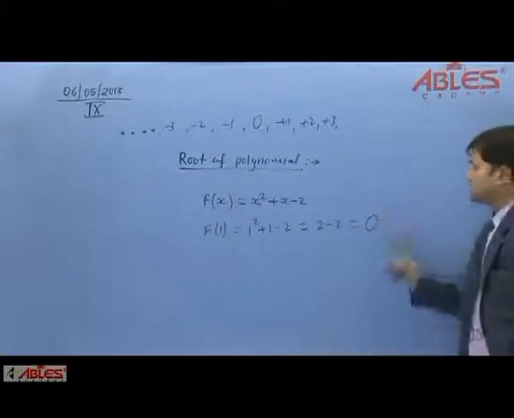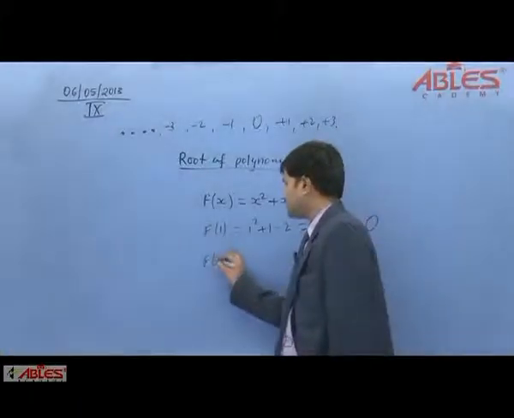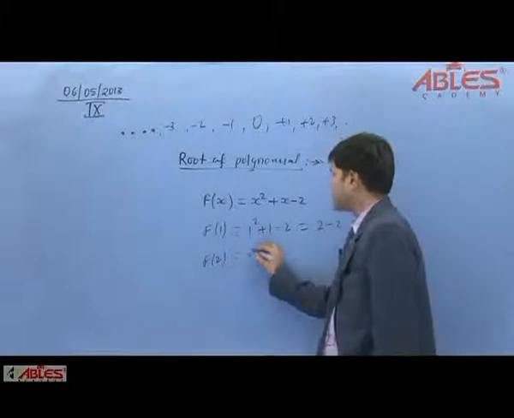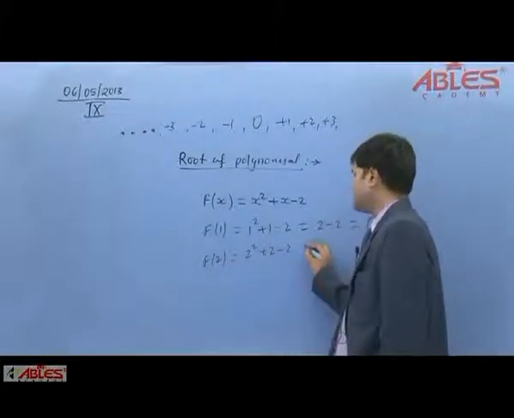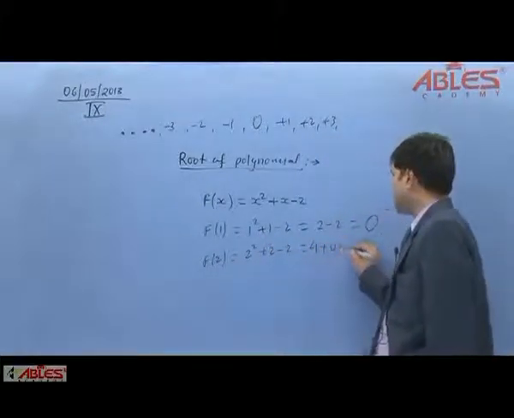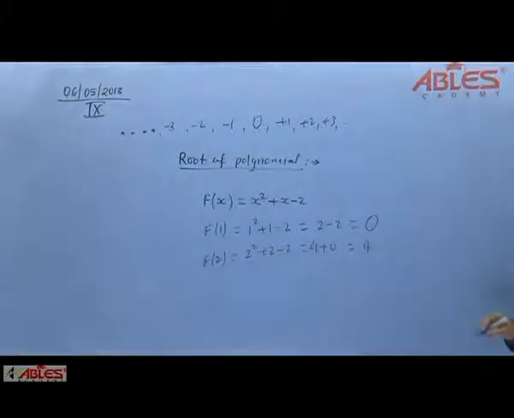Okay students, suppose we put x equals 2, you will get 2 squared plus 2 minus 2, that is 4 plus 0, we get output 4. So in the first case the output is 0, in the second case the output is not 0.